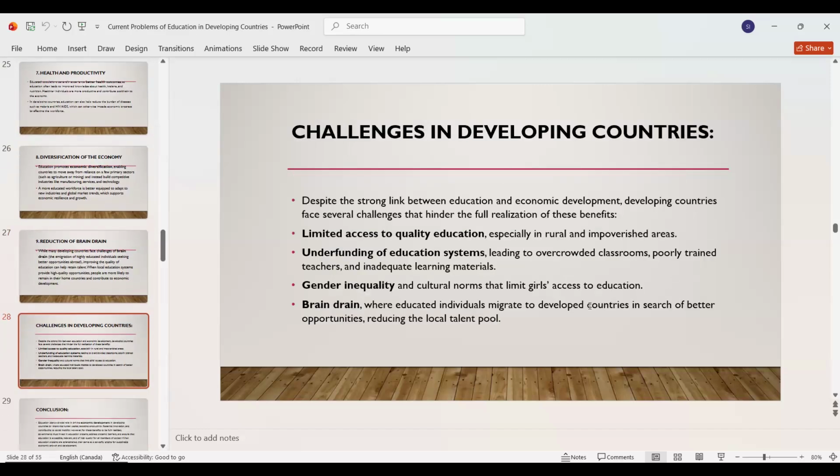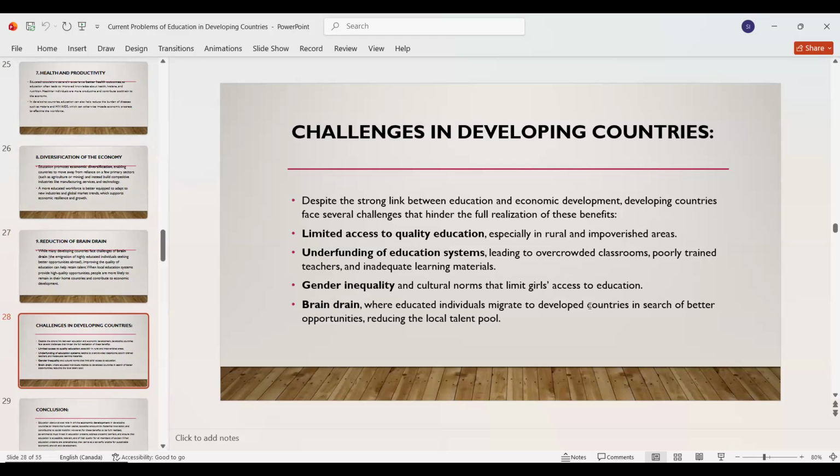Challenges in developing countries, right? Summary. Despite the strong link between education and economic development, developing countries face several challenges that hinder the full realization of these benefits. Limited access to quality education, especially in rural and impoverished areas.